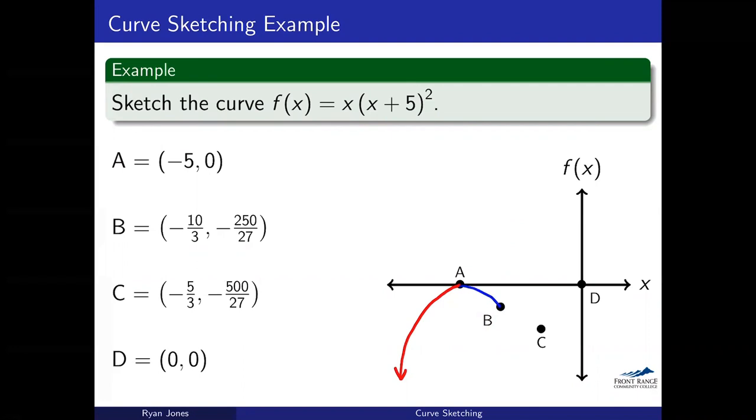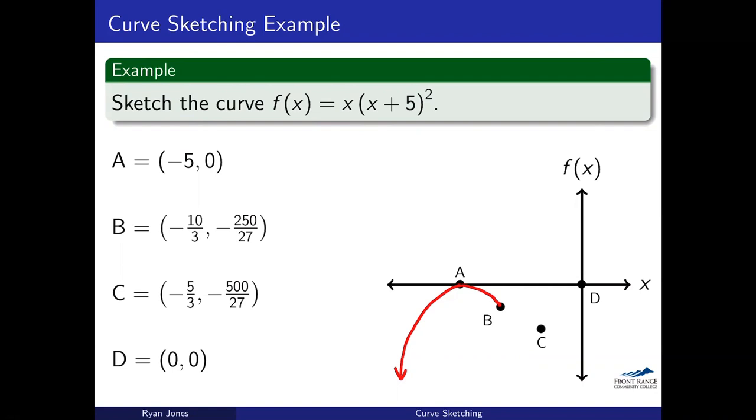I am decreasing, I'm going down on the y with my y values, and I am concave down. I am still frowning. If I put my eyes up here, I'm still frowning right there. Let's go ahead and make this the same color there, make it look nice. So right there we go. We've got our section from A to B. We're negative, we're decreasing, and we're concave down after looking at our number lines right there.